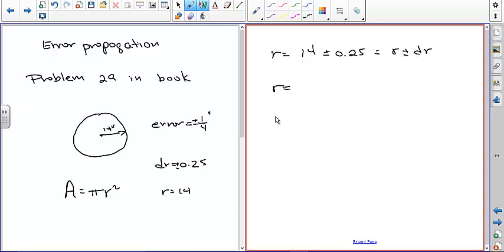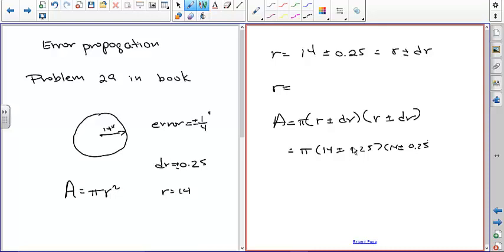When you calculate the area, what you have is the nominal value of the radius, plus or minus dr, times r plus or minus dr, times pi. Pi is just a constant. So you can think of it as pi times 14 plus or minus 0.25, times 14 plus or minus 0.25.